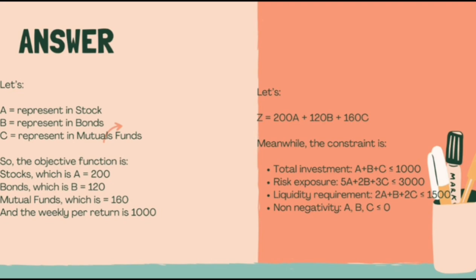For the risk exposure, 5A plus 2B plus 3C less than or equal to 3000. The liquidity requirement is 2A plus B plus 2C less than or equal to 1500. Non-negativity: A, B, C greater than or equal to 0.